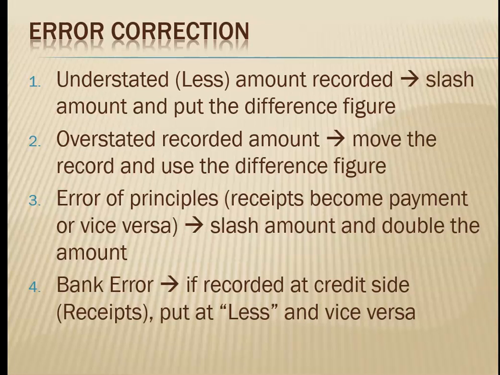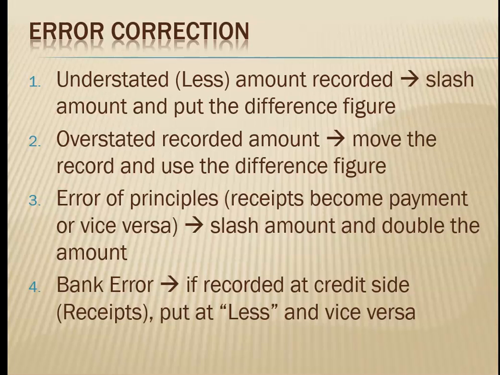And if it is a bank error, meaning it over recorded or under recorded, you need to move it from the credit side, or if less, you move it to the less or the opposite side of the bank statement.